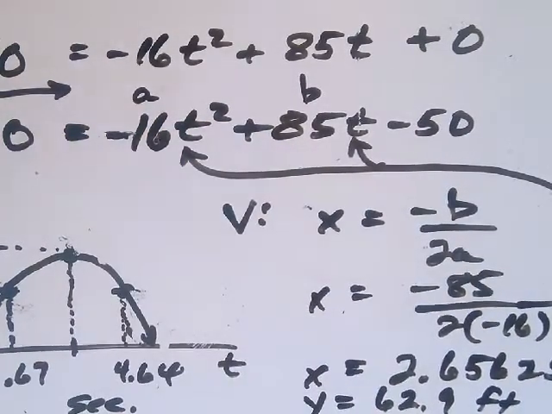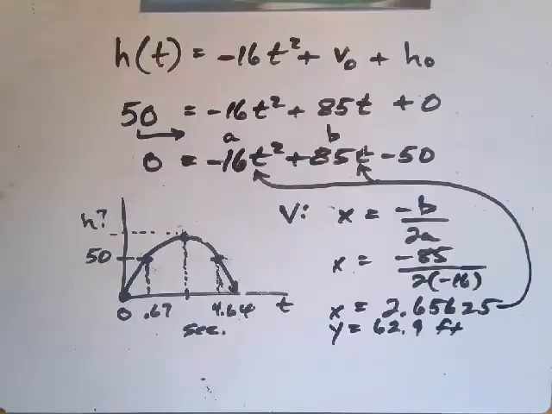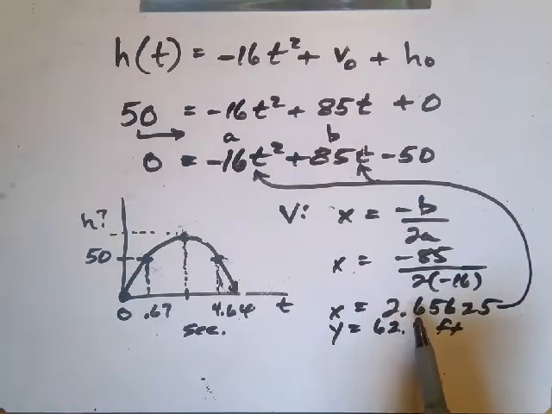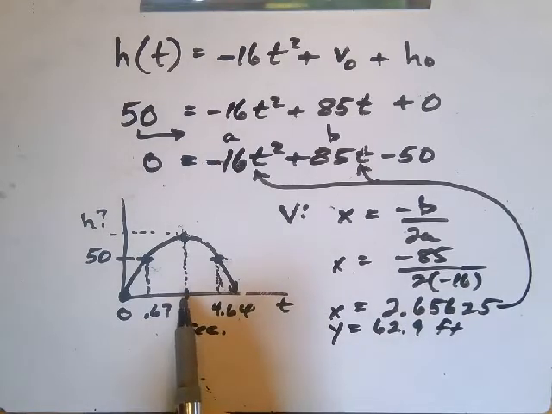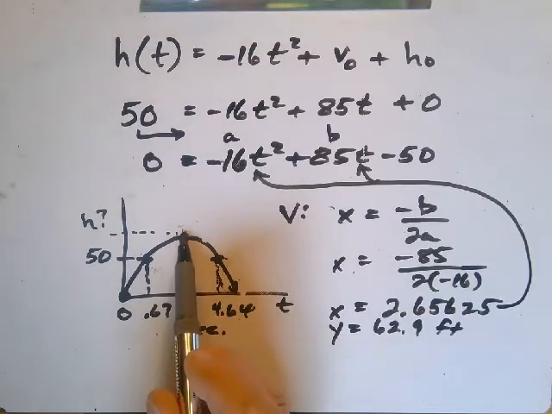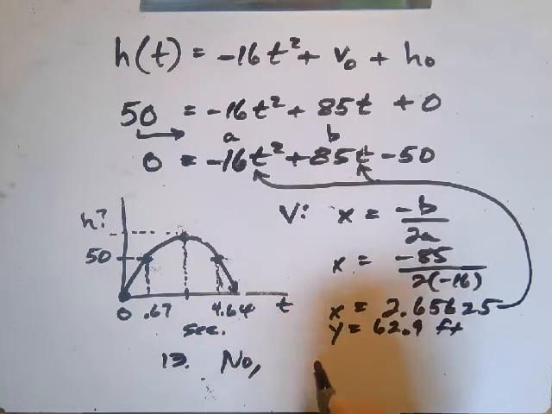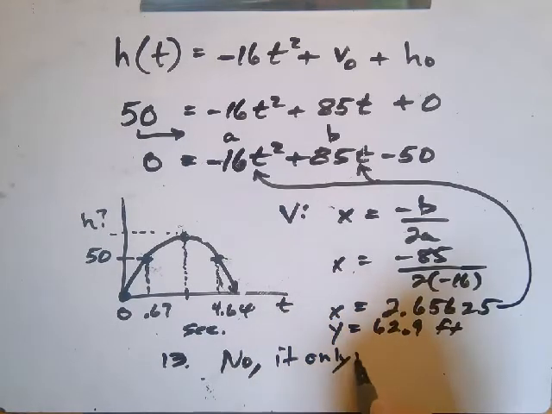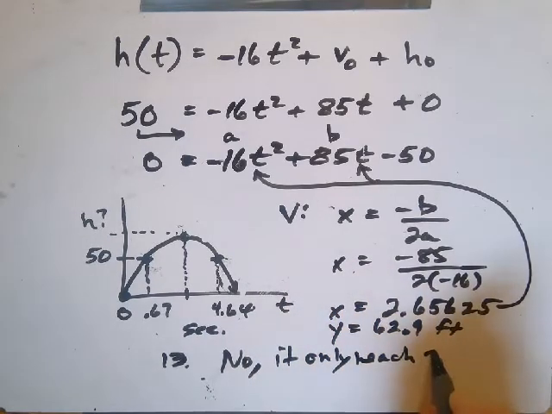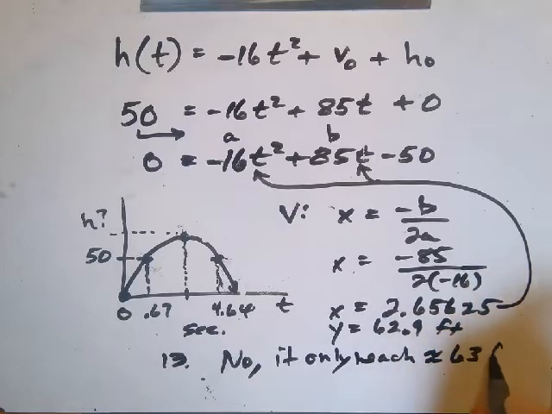So as we look at our picture here, we can see that at 2.7 seconds right here, it's going to reach a height of 62.9 feet. So the answer to question 13 is no, it doesn't reach 120 feet. It only reaches about 63 feet.